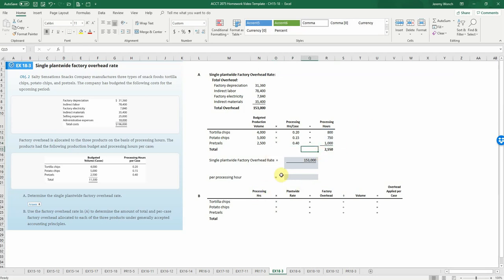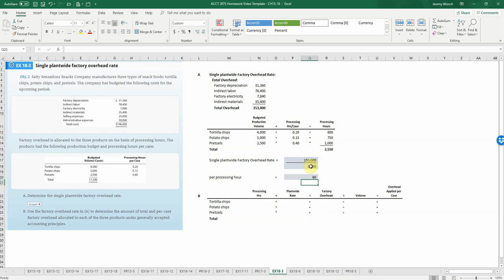So we plan on spending $153,000, and we plan on using 2,550 hours to do so. That is going to give us an overhead rate of $60 per processing hour.